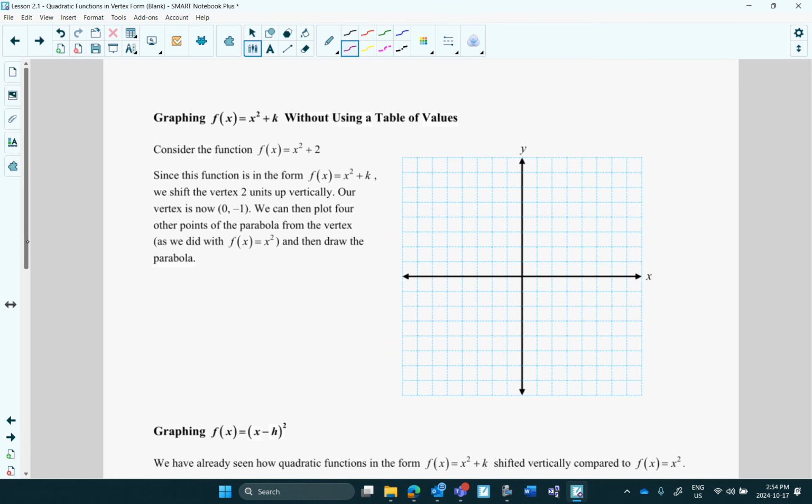So that's what happens if we have a number at the end. Again, what if I asked you this? Without doing a table of values or anything, can somebody come up and graph this for me? Remember, how do you start any parabola? Find the vertex. And then get the other 4 points from there.